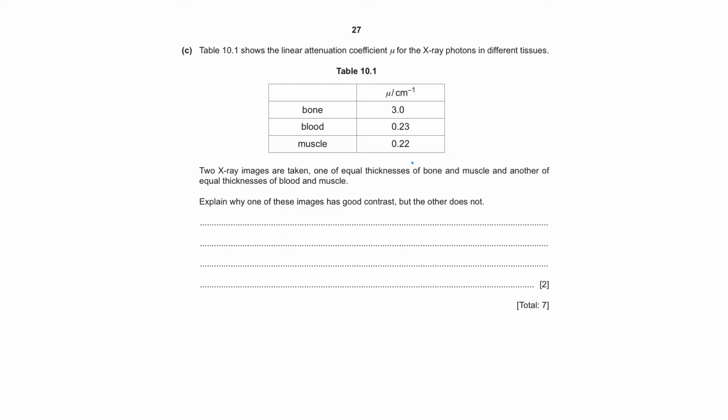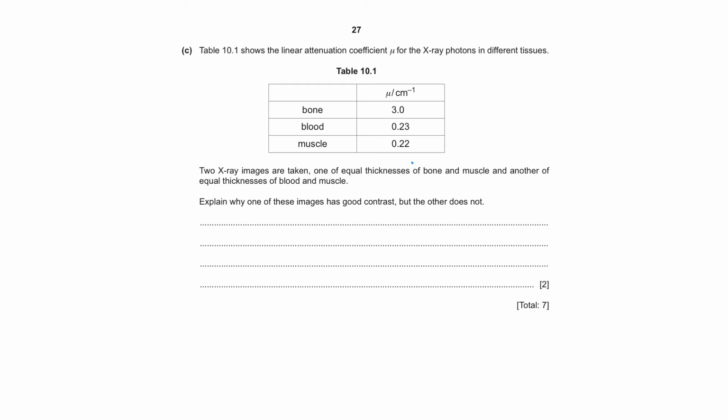Now, contrast basically depends on the amount of X-ray that is absorbed. So if two different tissues absorb the same amount of X-rays, the contrast wouldn't be good. If the two tissues absorb different amounts of X-rays, the contrast would be good.